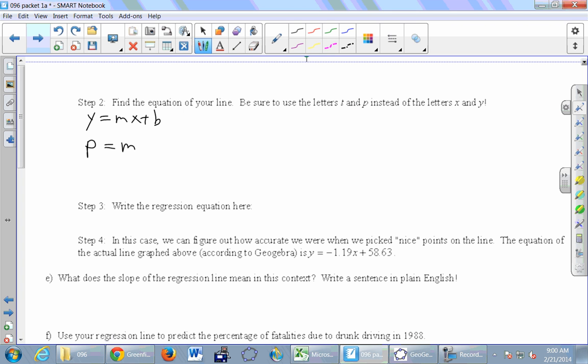We don't have x. It's t plus b. Okay, we just found the m. What was our approximation? Negative 1.11 t plus b.